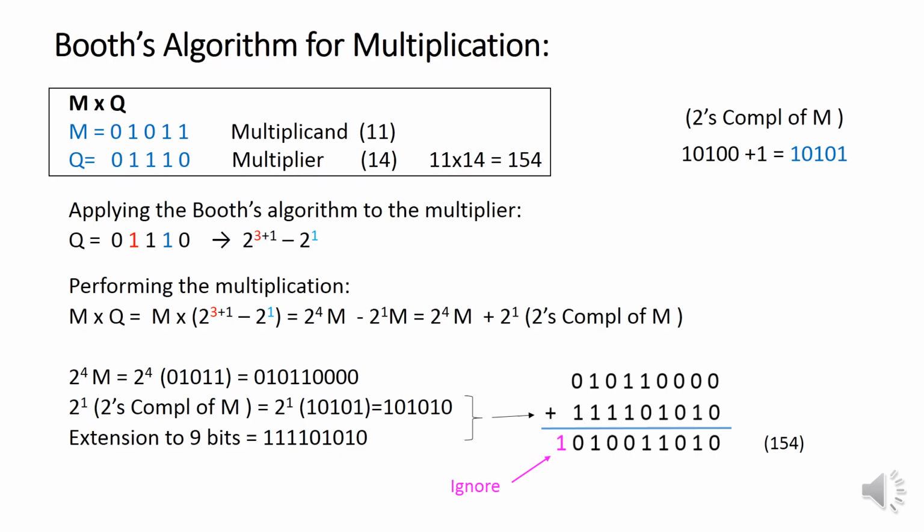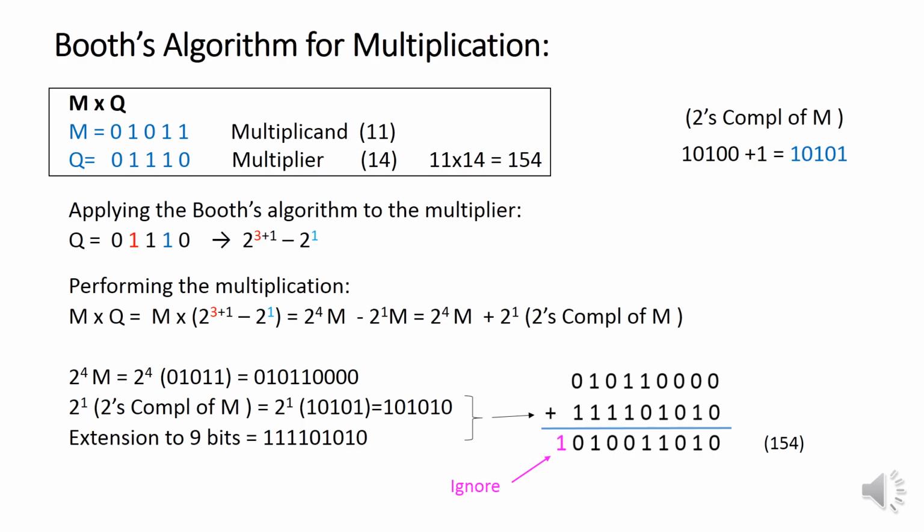Note that we extend this number to 9 bits to align the number of bits to the first term. Remember that extending the number is repeating the sign bit of the number several times in front of the number.